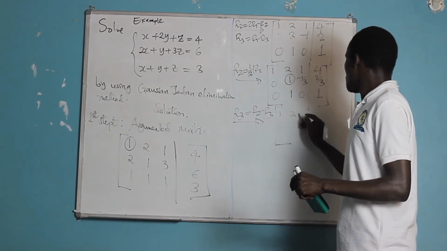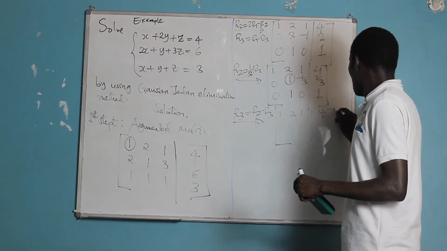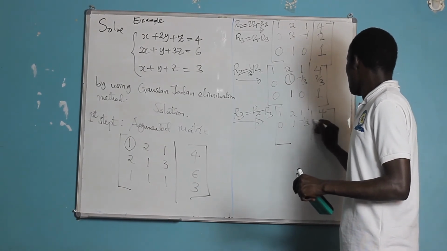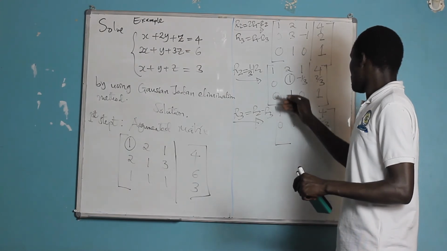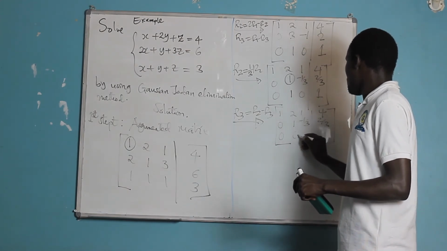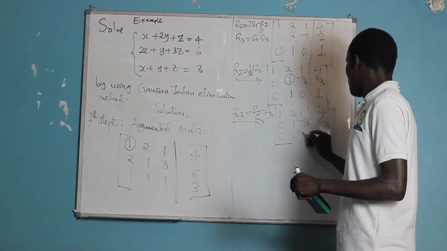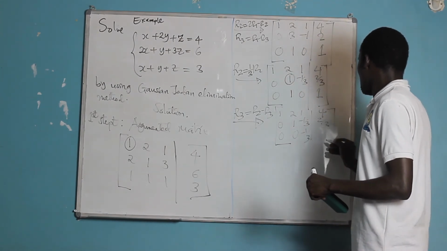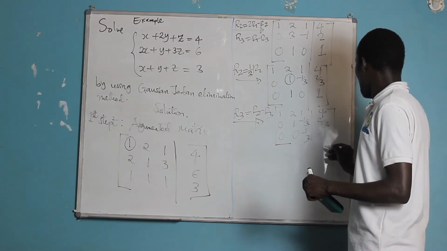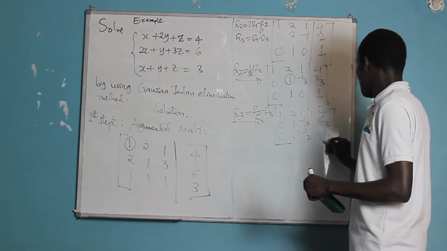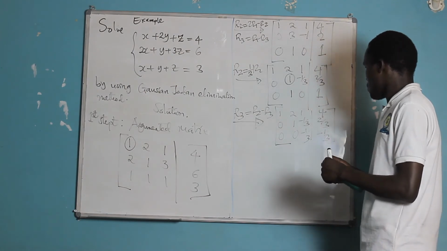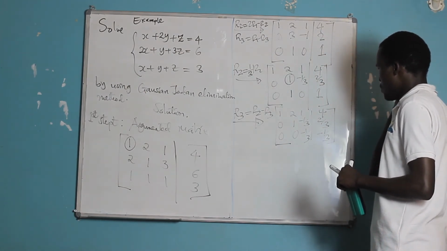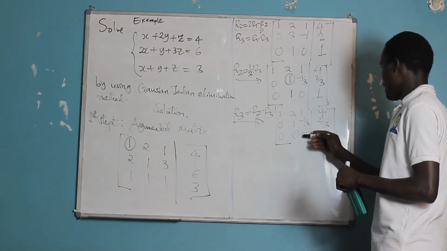So here is 1, 2, 1, here is 4, and this will remain the same, negative 1 over 3 and 2 over 3. Here is 0, 1 minus 1 is 0. If you take this one and this one, you get 1, negative 1 over 3. And this one and this one, you get 1 over 3, I am sure it's 1 over 3. So again, we need this one to appear as 1.